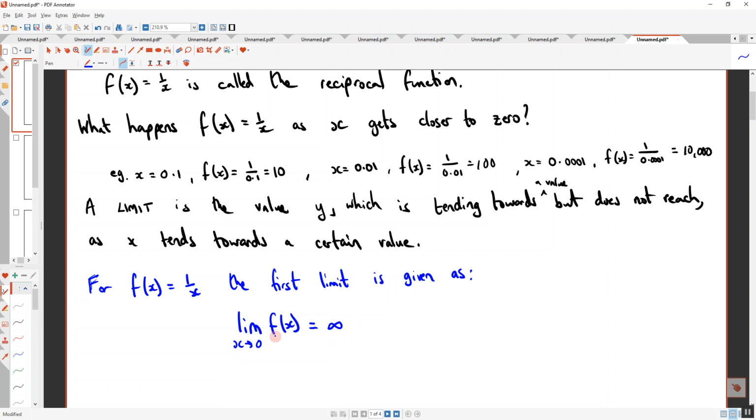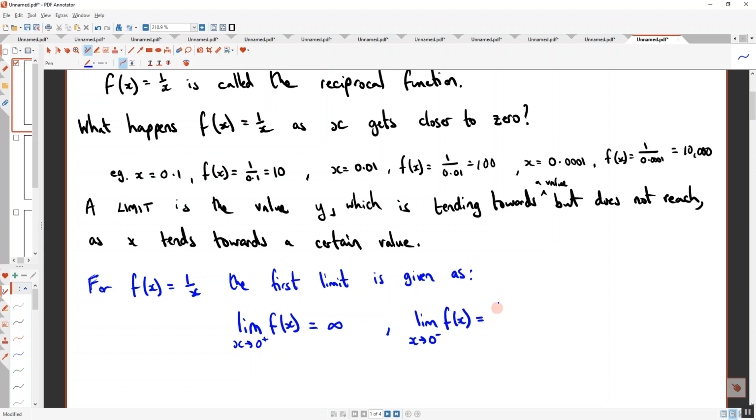What do you mean by the first limit? Because there's going to be more than one. Now, we are just considering this as it's getting closer to 0 from the positive side. So I need to stipulate that we're only looking at 0 from the positive side. Because we could ask, what would the limit be as x goes towards 0 from the negative side?